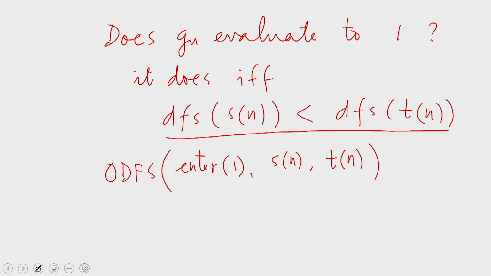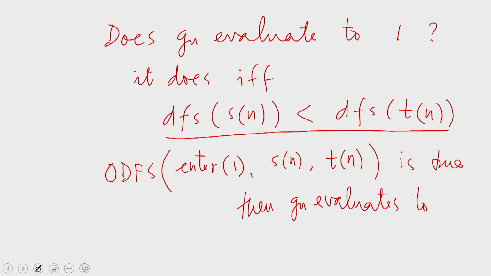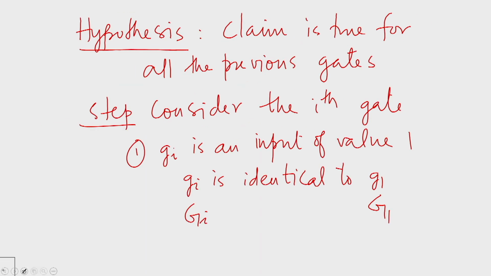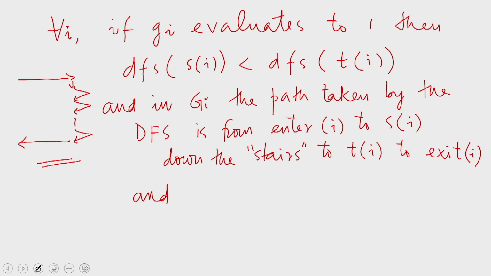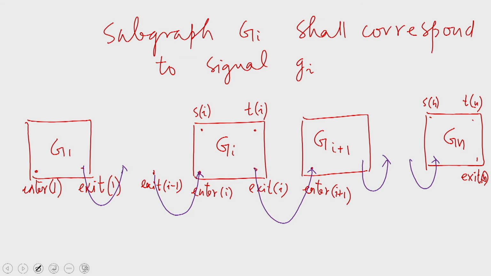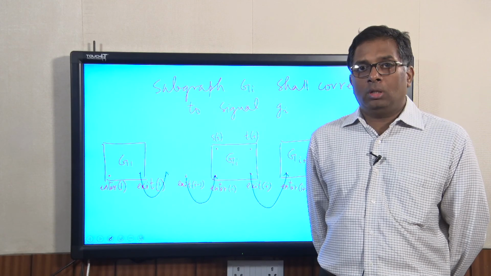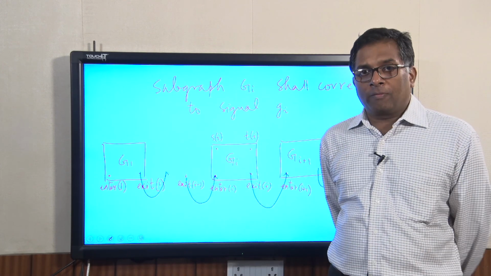If this is affirmative, then Gn evaluates to 1. So, the NC reduction that we are talking about involves this. Given an instance of the NOR CVP circuit, we construct the graph G in this manner and then invoke ODFS on this graph. But then how do you construct the graph?